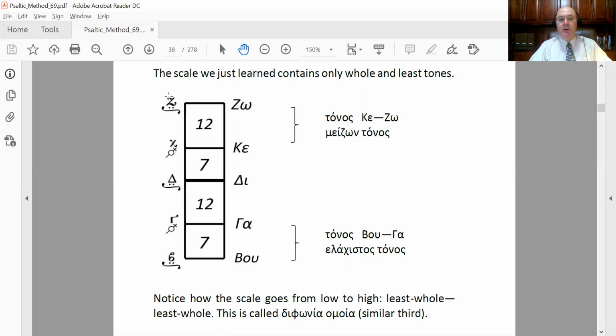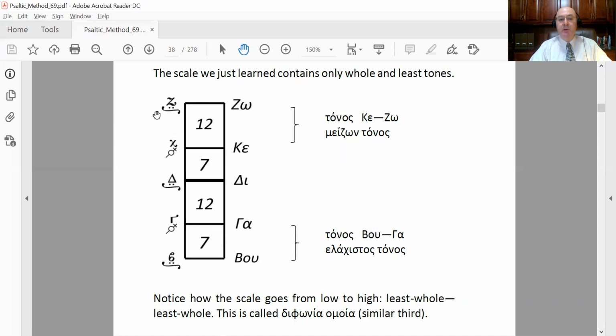The top part that shows you the letter basically tells you the name of the note that you are on. Zeta for Zo, kappa for Ke, delta for Di, gamma for Ga, and vita for Vu.